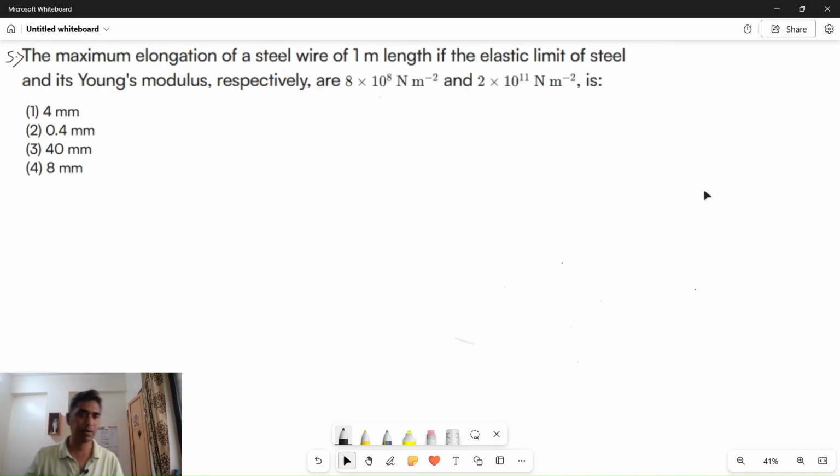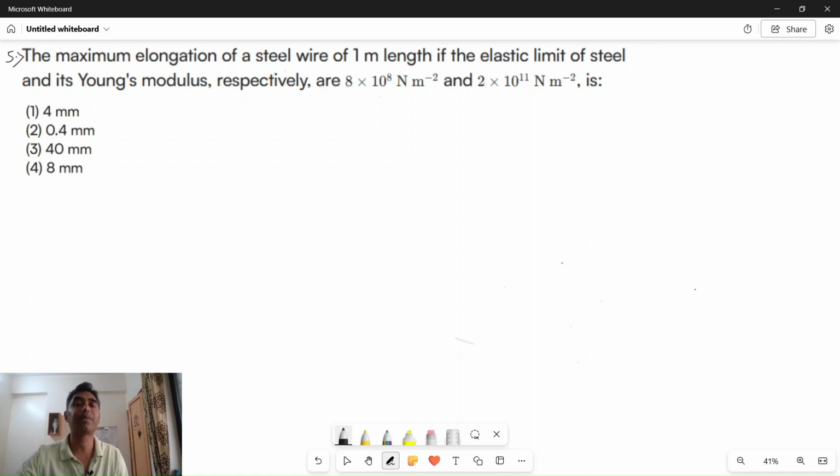Okay, we'll take the fifth question now. Last question, it is on mechanical properties of solids. Maximum elongation of a steel wire of 1 meter length if elastic limit of steel and its Young's modulus respectively are this and this is. Okay, so maximum elongation of the wire कहता है इधर. Okay, what is given?